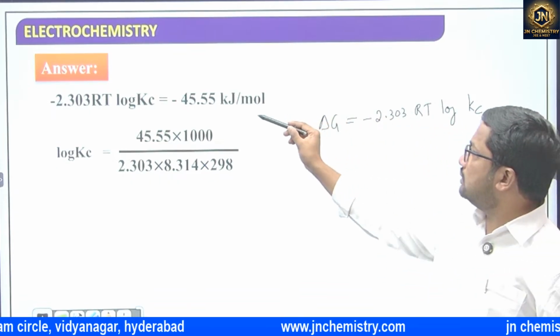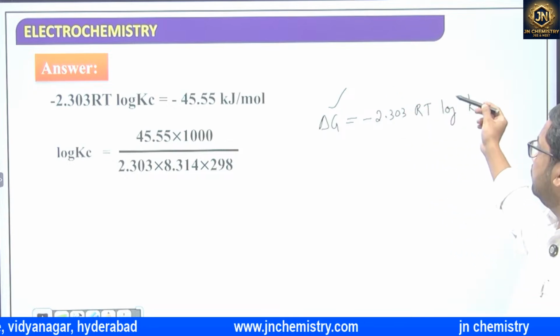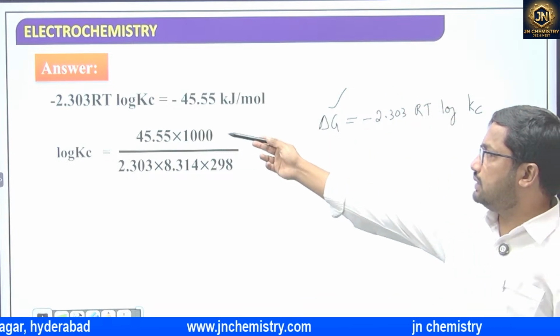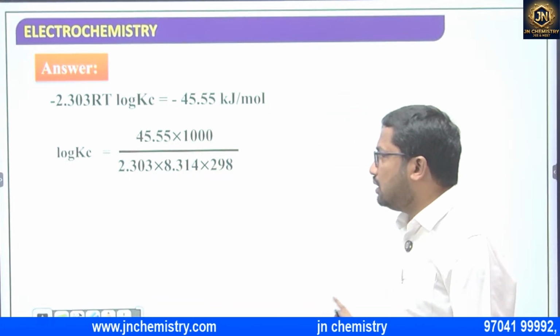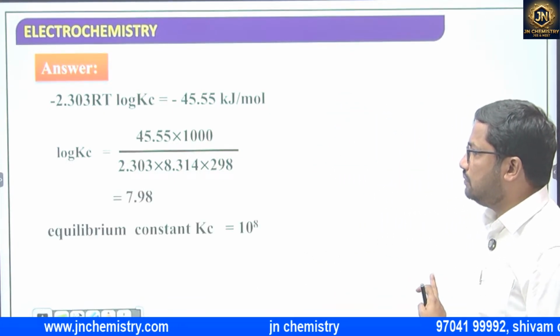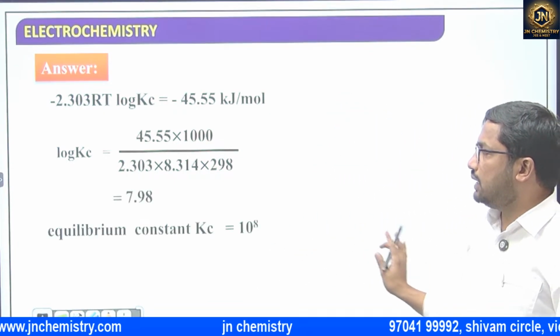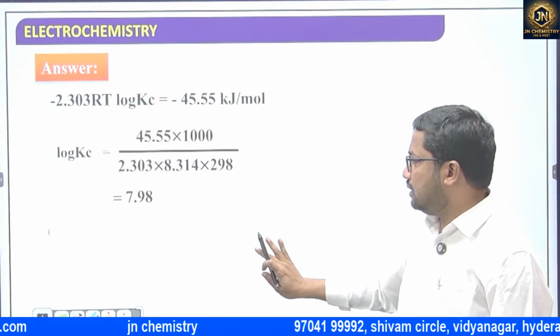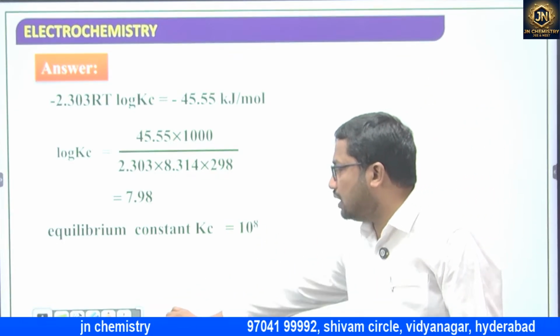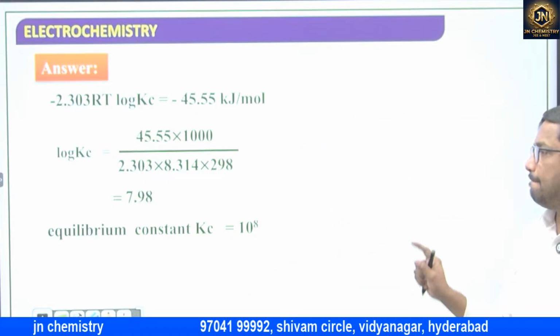So here the delta G value we know, right? Then log Kc is equal to this. If you solve this, we can take the anti-log of this value. So Kc will be 10 to the power of 8.